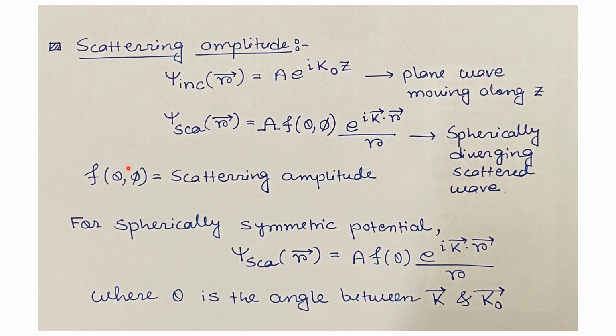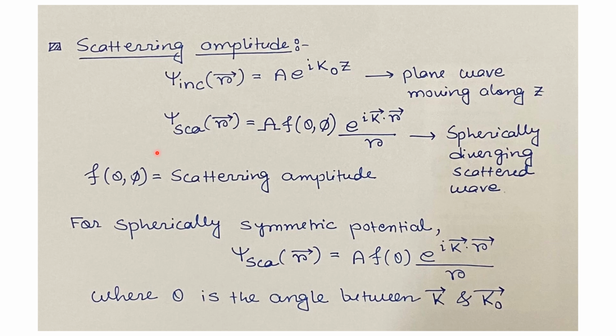Now, when the incident wave collides with the target material, an outgoing wave is scattered out. In case of isotropic scattering, this scattered wave will be spherically symmetric. So then we'll have the scattered wave in the form of A times e to the power i k r divided by r. But in reality, the scattered wave is not spherically symmetric.